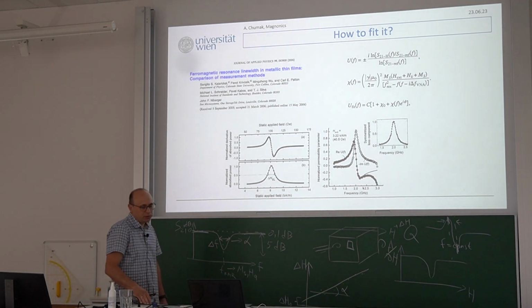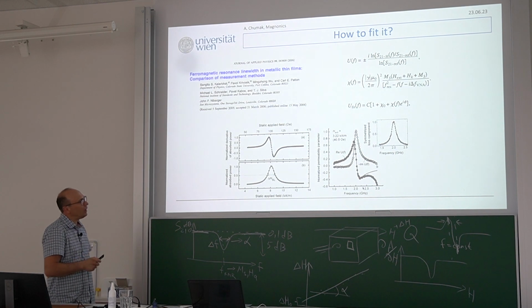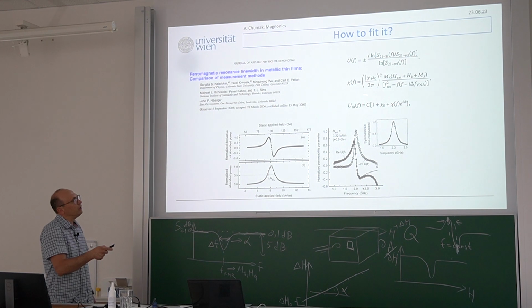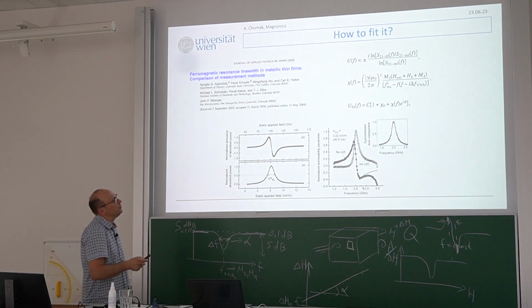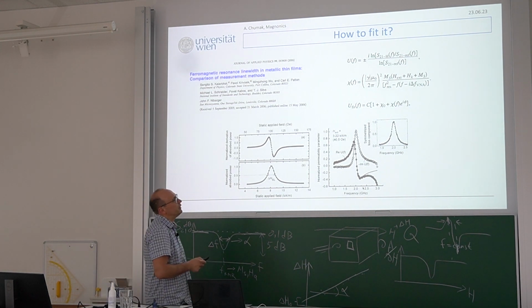What they have proposed is a recipe for how to fit. This is your fit function, and the experimental function, these points, is extracted in the following way. You have S21, your main parameter, normalized with S21 reference, so divided, all under a logarithm, and here is again S21 reference.